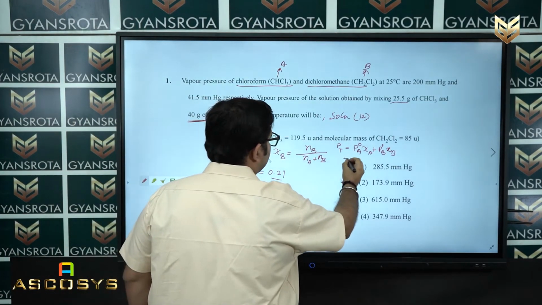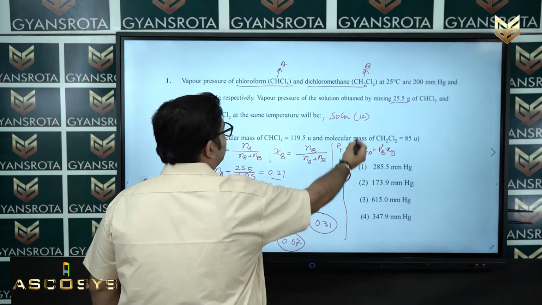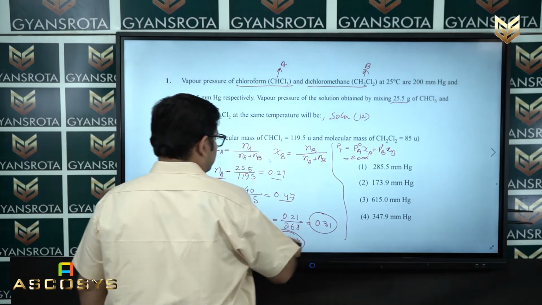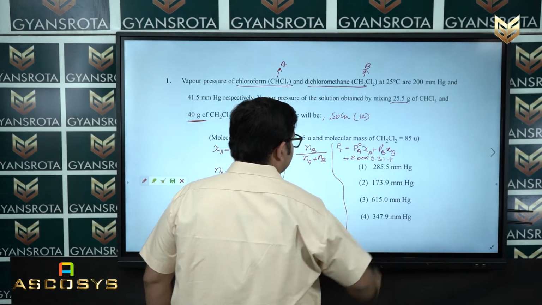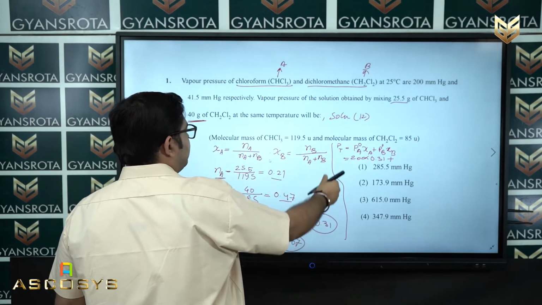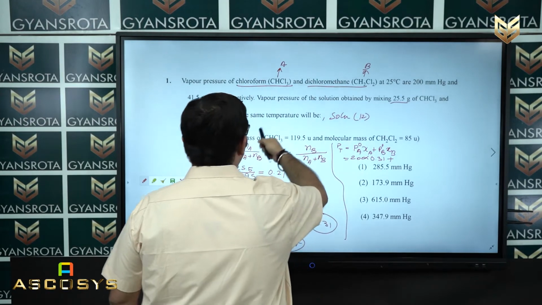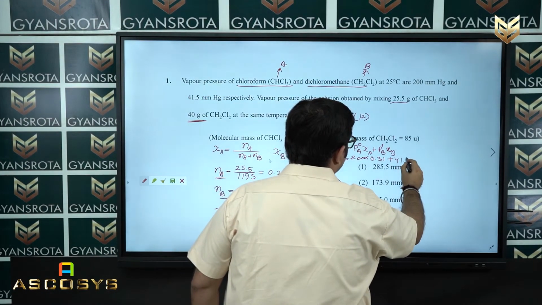Now, using this formula, what is the value of P naught A? That is 200. What is the mole fraction of A? That is 0.31, plus P naught B. What is the pressure they have given here? It will be around 41.5.